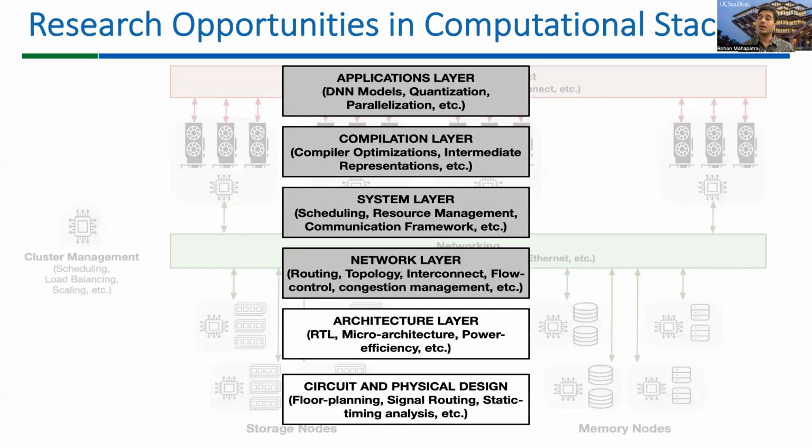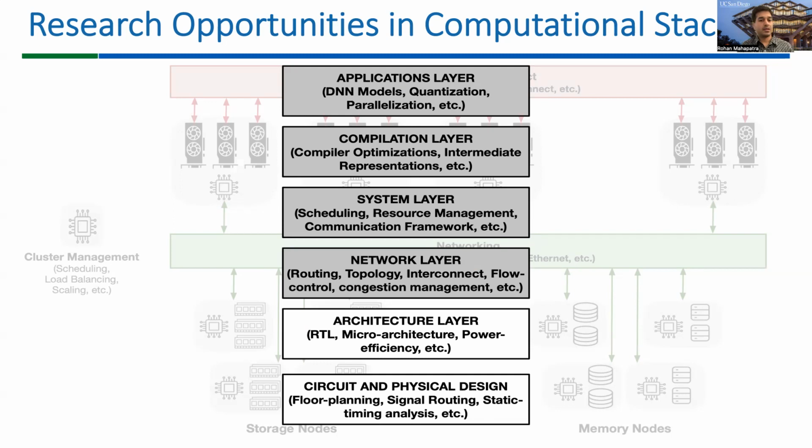But just to scale out, people can work at the application layer, where they can look at how to do the parallelization of the model. For instance, should they use data parallel, model parallel, or pipeline parallelism to distribute the model across different devices? Or in the compilation layer, how do they perform graph-level optimizations? Or how do they perform scheduling such that the compiler can efficiently map these different kernels onto the hardware?